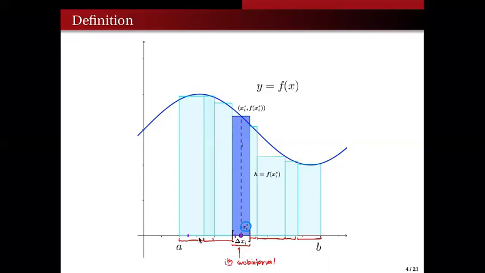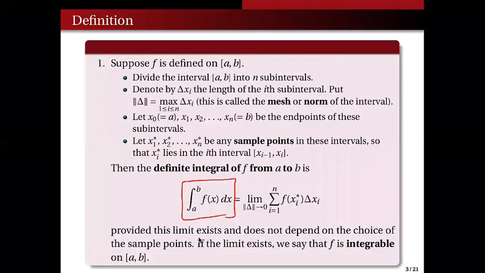Later on, I choose another sample point here, and I get the limit, and I get the same answer as before. So that's what it means when it says that this limit exists and does not depend on the choice of the sample points. If the limit exists, we say that f is integrable on the interval a b.